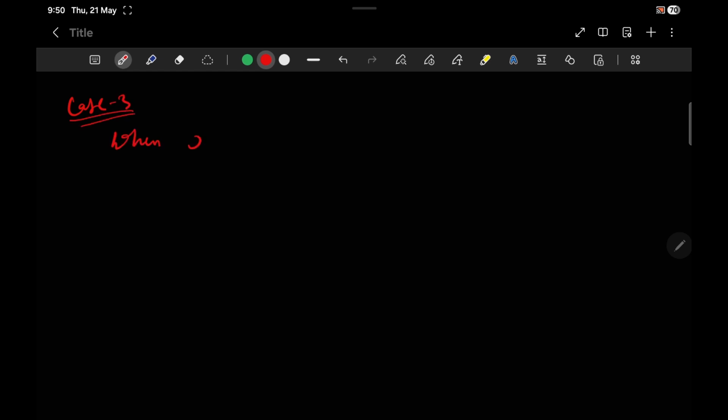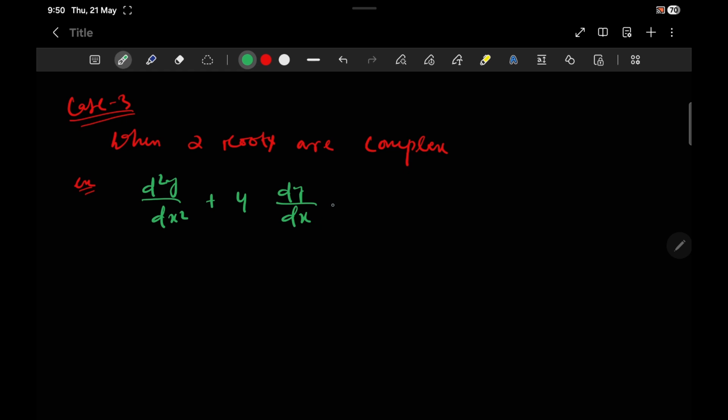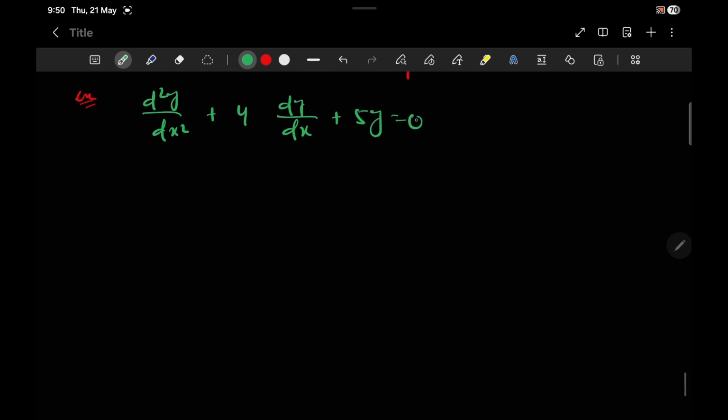When two roots are complex. Consider an example, which is d²y/dx² + 4 dy/dx + 5y = 0.